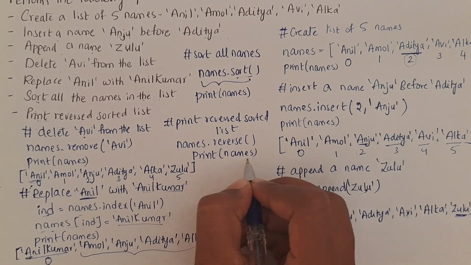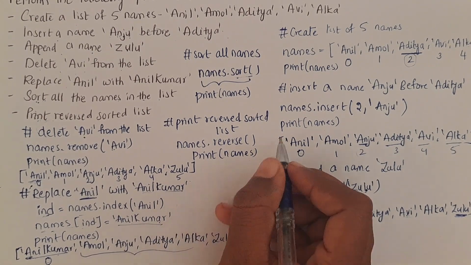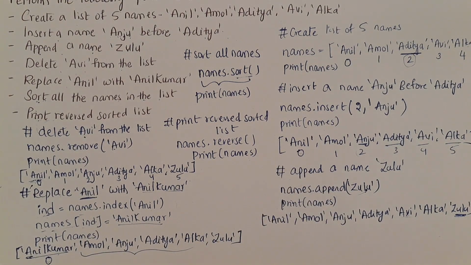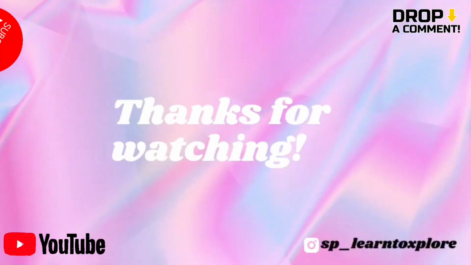This will give you the sorted list in reverse, that is, the reverse of alphabetical order. I hope the concept is clear. To get a clearer idea, just execute all this in the compiler so that you can understand how we can perform the operations on the list.